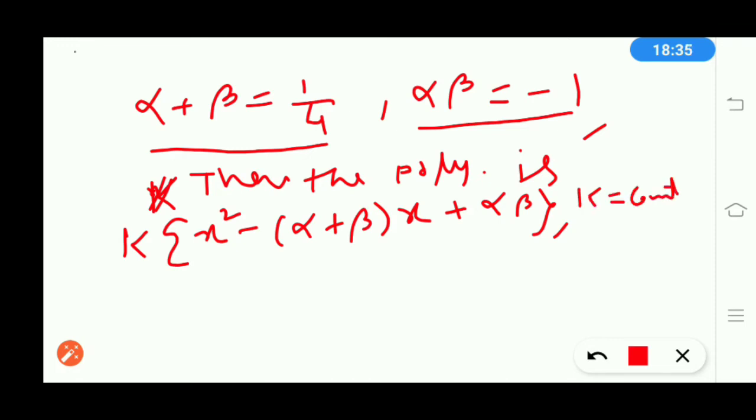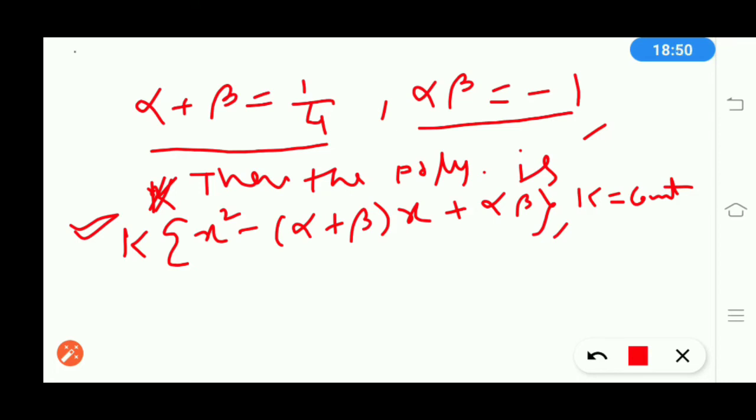We know this formula. Clear? Already written in the previous video. K into x square minus (alpha plus beta) into x plus alpha beta, where k is a constant.